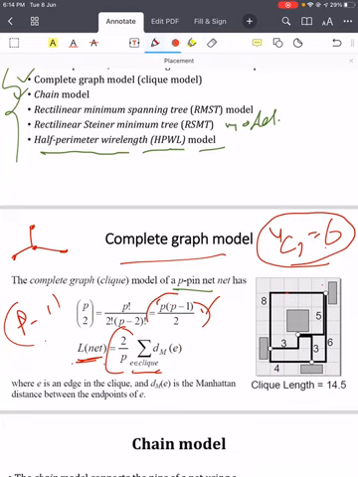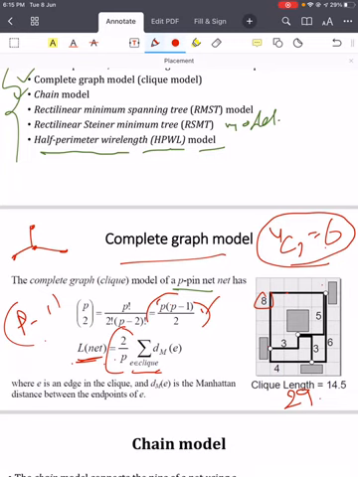So you can add all the Manhattan distances between the pins, all the wire lengths. Wire lengths are being calculated by Manhattan distance. You can add up all the wire lengths, and you will end up with 29.